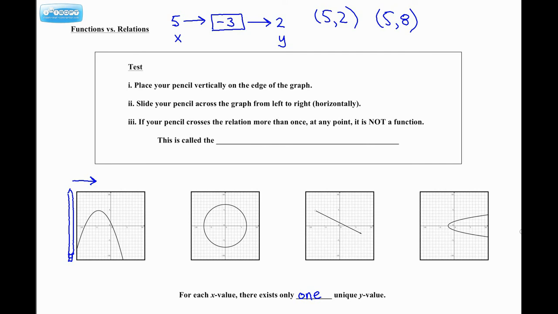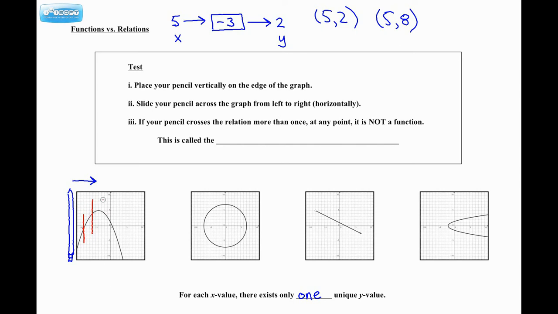So I'm going to imagine my pencil at any given point is just this red vertical line. So maybe it was here. You can see it intersects the graph right here. Well, there's only one point. There aren't multiple points up here, here, here, here. So that's okay. If I moved it here, how many times does my pencil cross this curve?